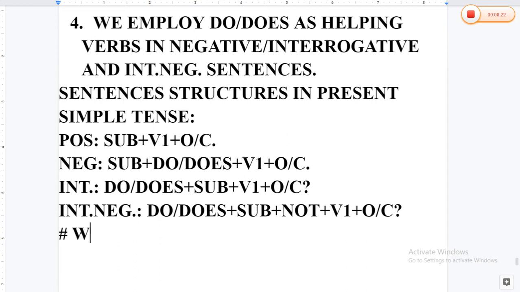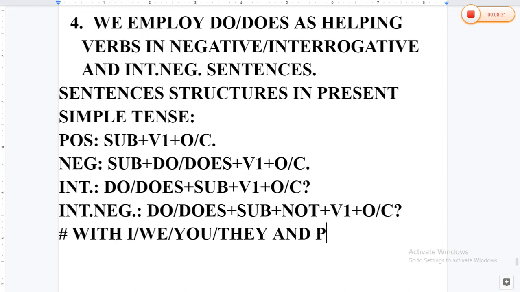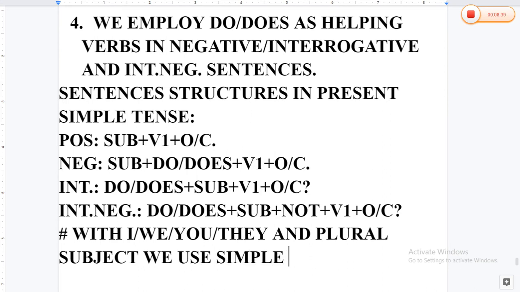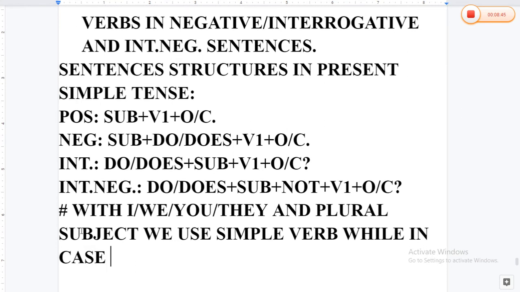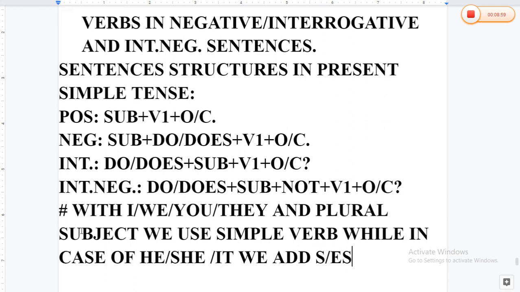Rule 1: with I, we, you, they, and plural subjects, we use the simple verb, while in case of he, she, it, we add s or es to the main verb.